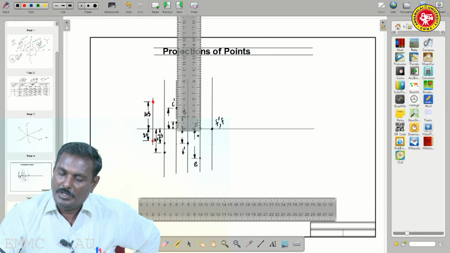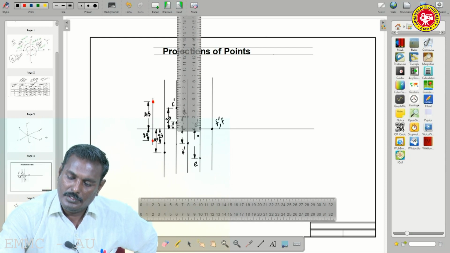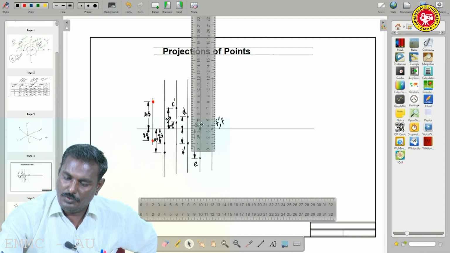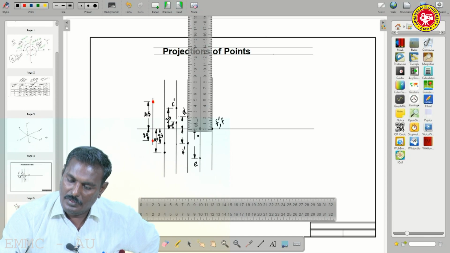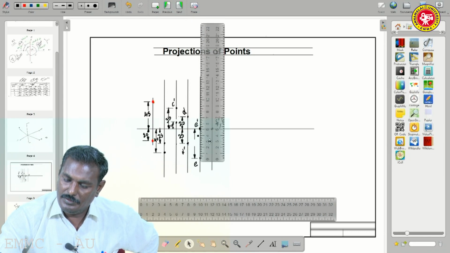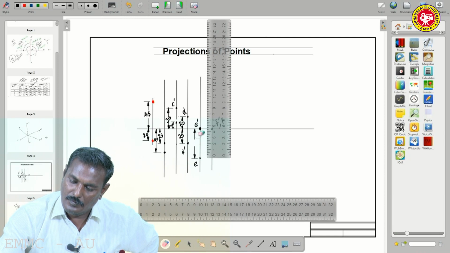Here this is 35 mm. Here 10, then we have to move here. This is 25, this one is 20, 25, 20 mm, then this one is 50, this is 50 mm.